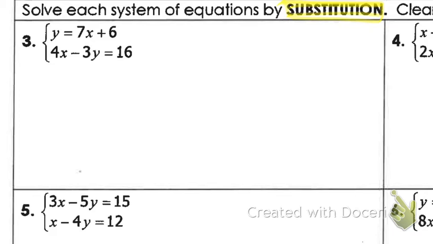Yeah, use that top one. It's already solved for y, so we're going to plug that into the y on the other equation. So we have 4x minus 3, and then instead of y, what's going in there? Cameron, what should we plug in?